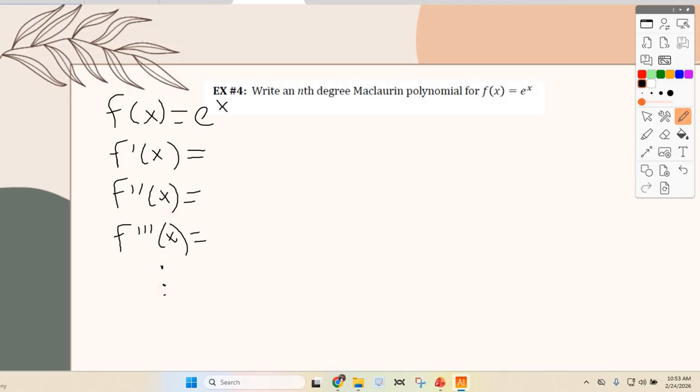Do we have it written down now? Okay. My original function is e to the x. What's the derivative of e to the x? What's the derivative of that e to the x? What's the derivative of that e to the x?